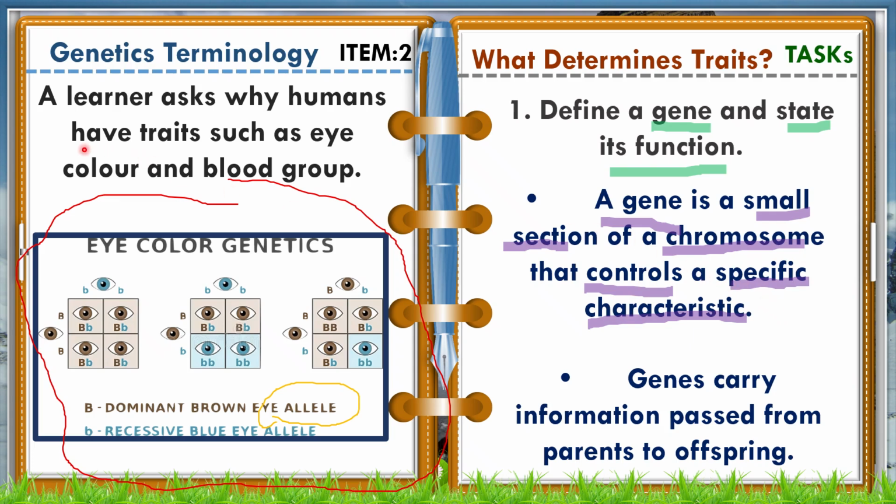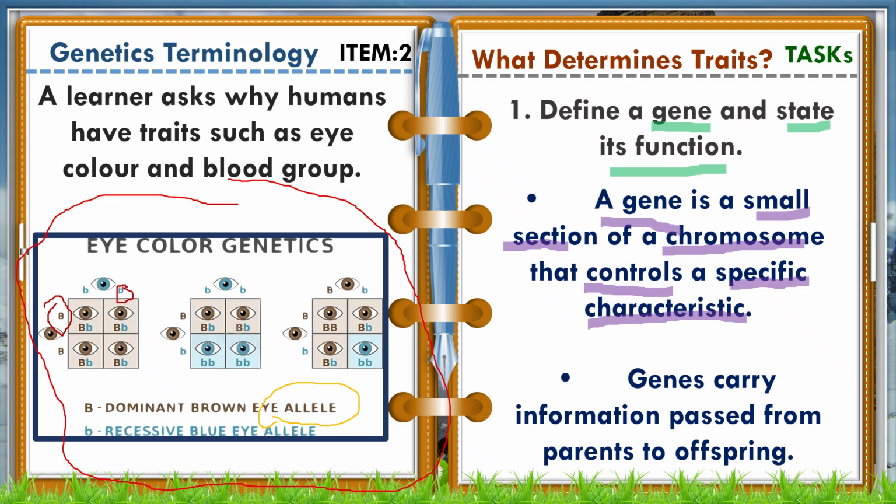So when we have capital B, that is an allele or a gene. If you have small b, that is a gene, and it is a small section which is carried on the chromosome, and it controls a specific characteristic.